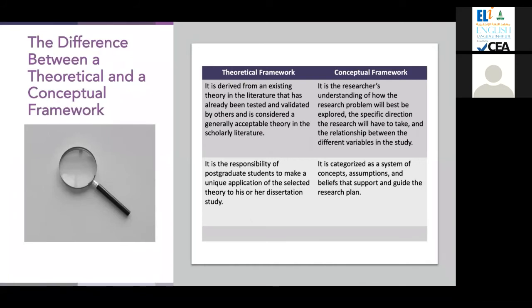So a theoretical framework is simply something that exists in the literature and can be validated by others, by researchers, by testing, and whether this kind of theory or selection is applicable to their situation. A conceptual framework is more subjective to the researcher's point of view and understanding of how the research problem and how the overall variables interact in the study.